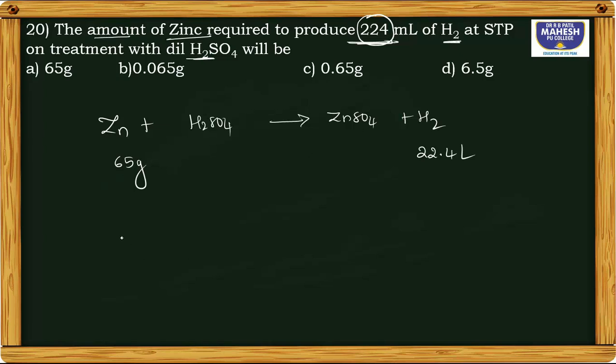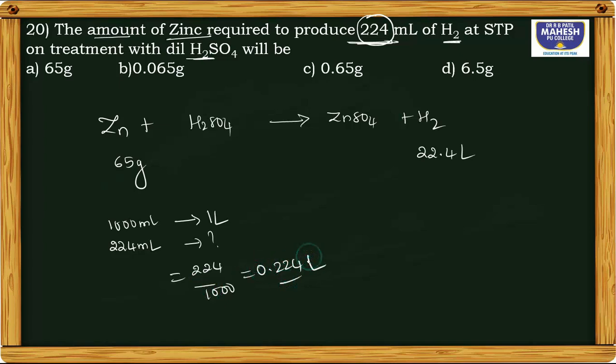First let us convert that 224 ml into liters. Students, what we know, 1000 ml means 1 liter. Then 224 ml means how many liters? 224 divided by 1000, that is equal to 0.224 liters.